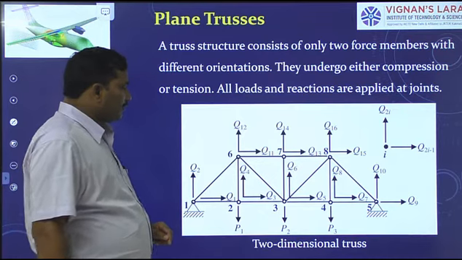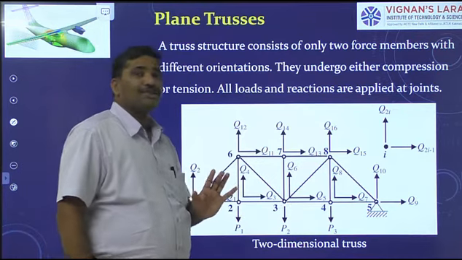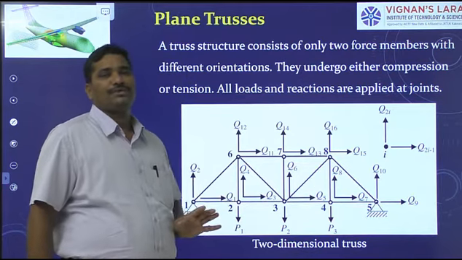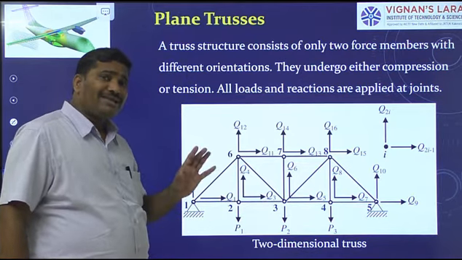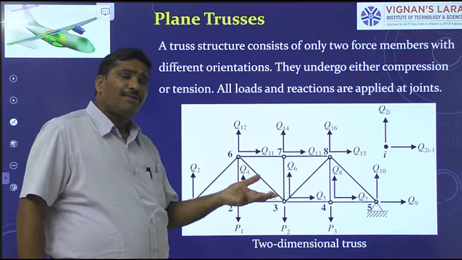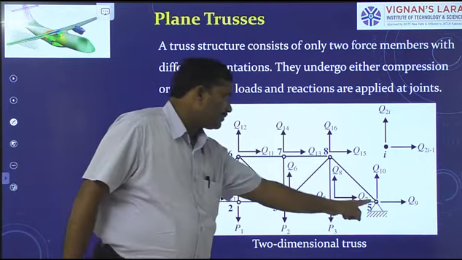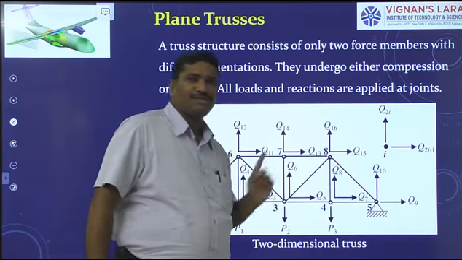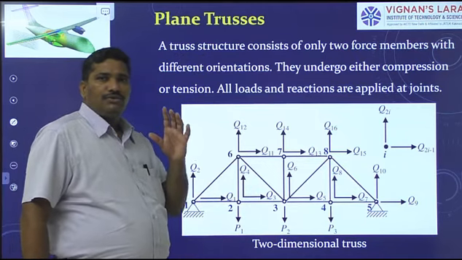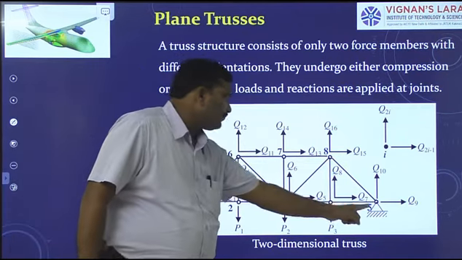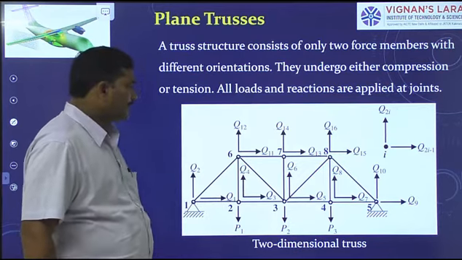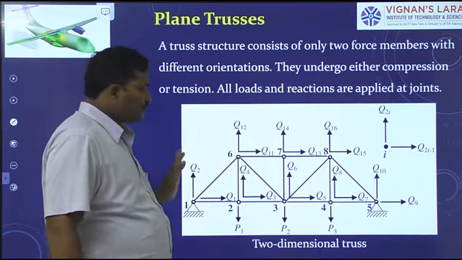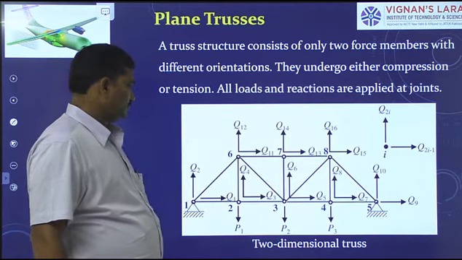In truss structures, forces are applied at the joints only, and the reactions are applied at the joints only. Remember, here this joint is fixed and this joint is fixed. Therefore, we observe the reactions at the fixed joints. Understand? Now, this truss structure appears as a two-dimensional structure.